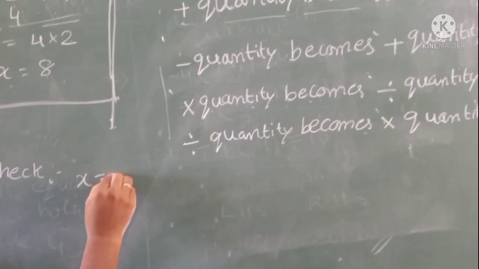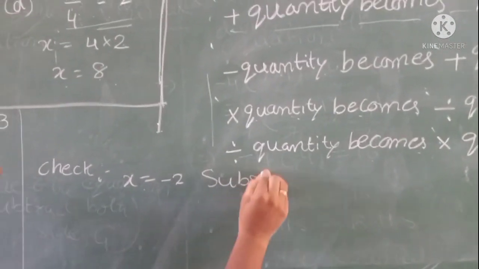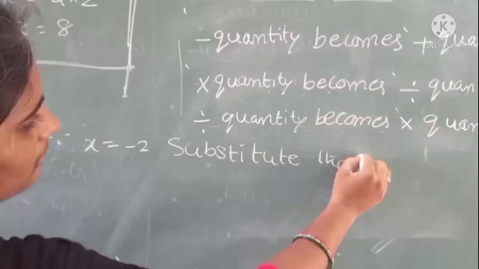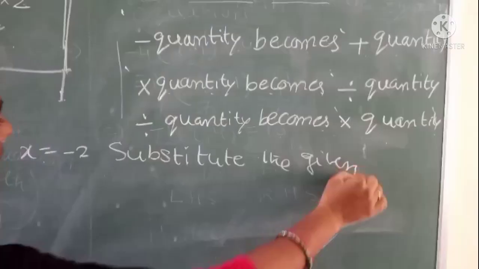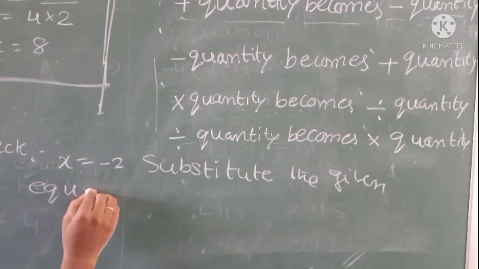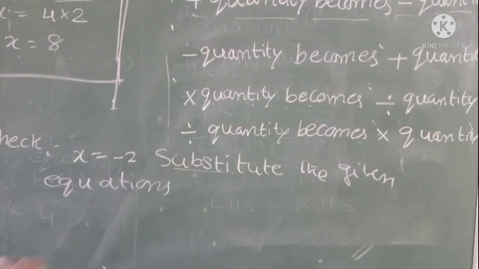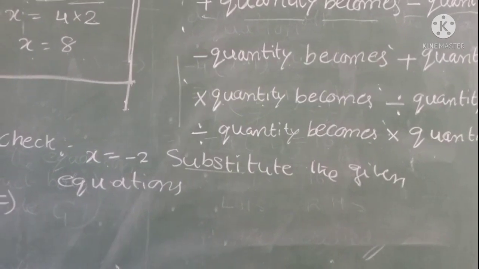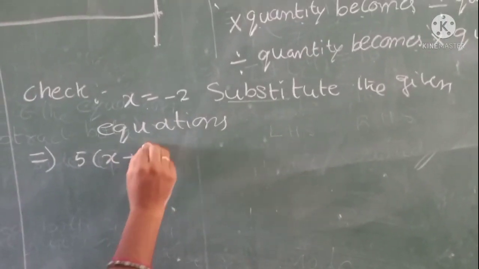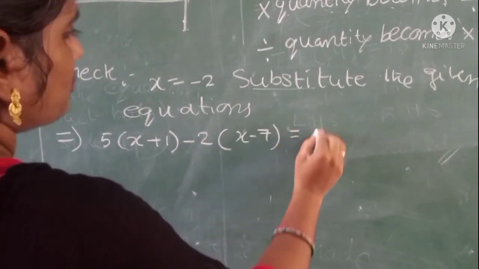X is equal to minus 2. Substitute it in the given equation. The given equation is 5 into x plus 1 minus 2 into x minus 7 equals 13.